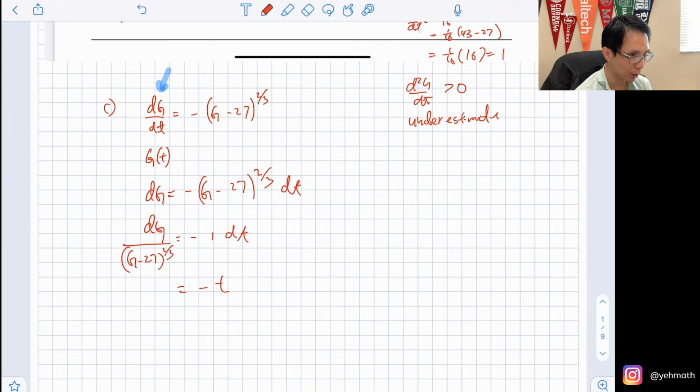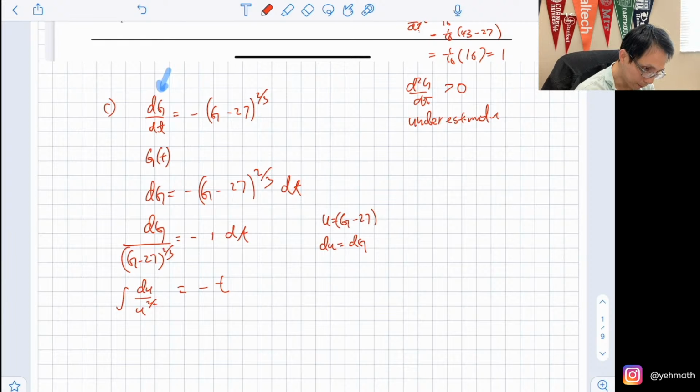What's the integration of dG over (G - 27) to the 2/3? Let u equal G - 27. Writing that down doesn't give you points, but it gives you the right information. So it'd be 1 over u to the 2/3, du over u to the 2/3.